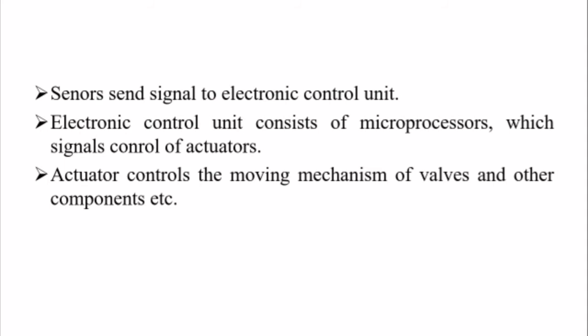Coming to the electronic control unit, it consists of microprocessors which control the air fuel mixture, valve positioning, where the valves are actuated, where the valves are located, what the valve timing is, etc. These are controlled by the electronic control unit. These electronic control unit signals actuators. Actuators are the devices which provide the moving mechanism to the valves and other components. This is how the camless engine works.